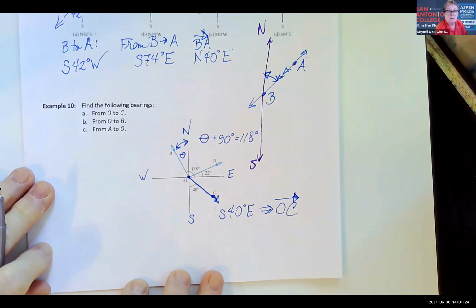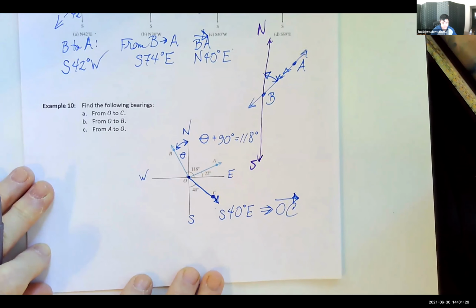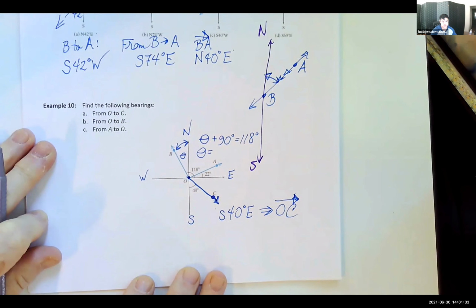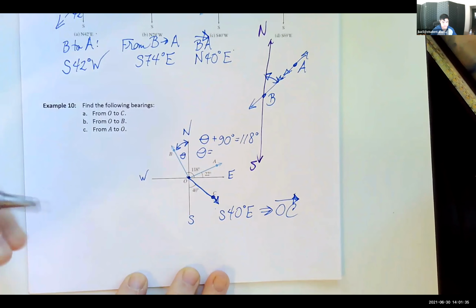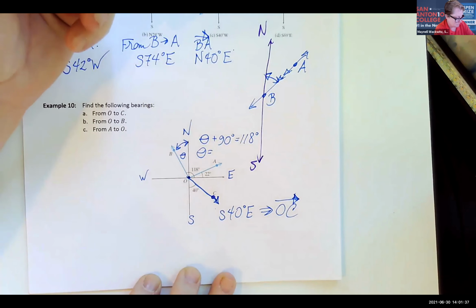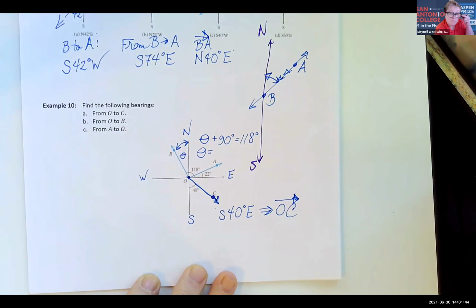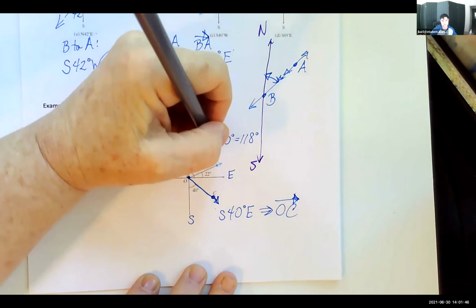Does that make sense? Yes. So how can we find theta? Just minus 90 degrees. Good. And what do we get? We got 28 degrees. Excellent.